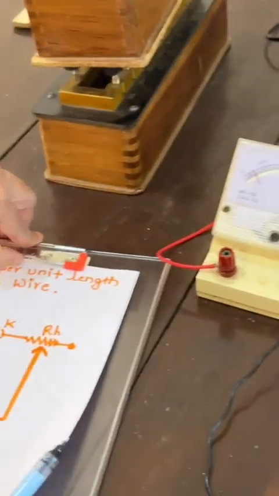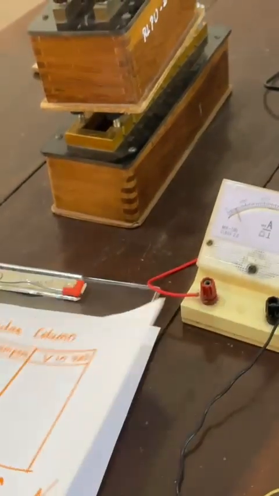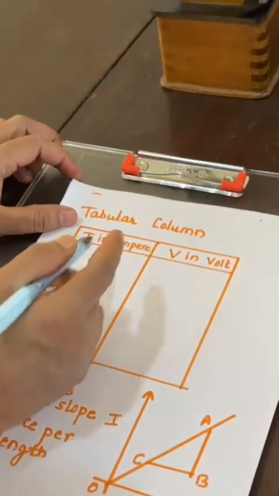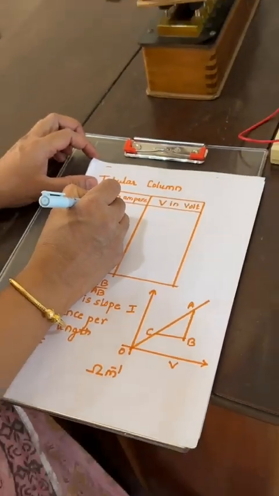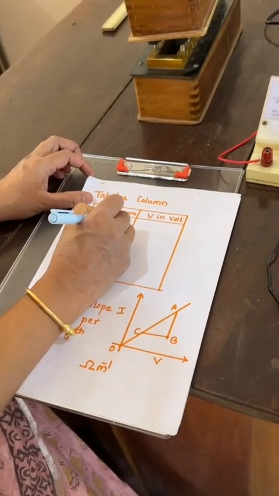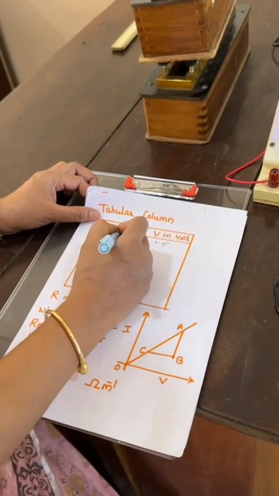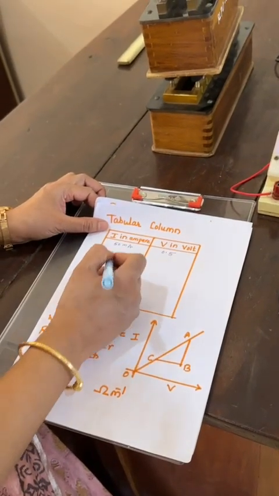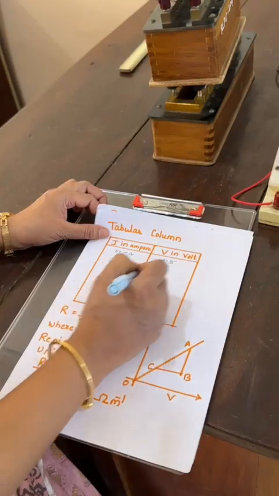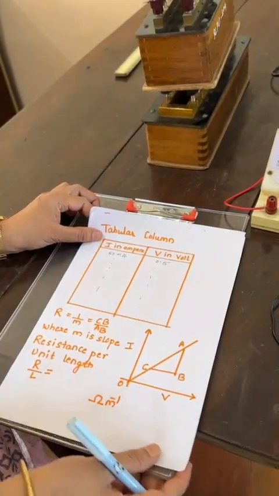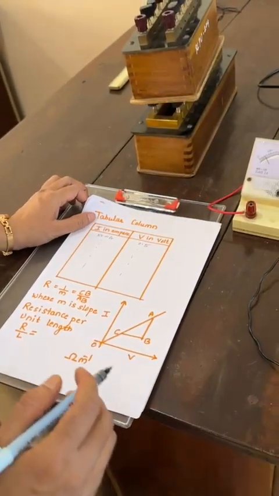So here we have the tabular column for this experiment. The current here is 50 milliampere and the voltage is 0.5 volt. Like this we are going to take the different readings for different voltage and current by adjusting the rheostat.